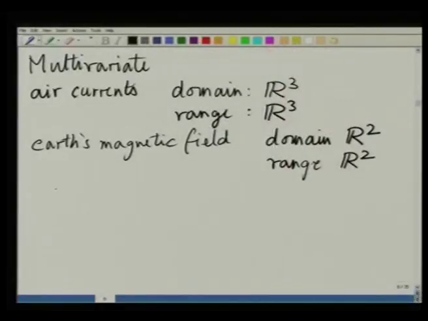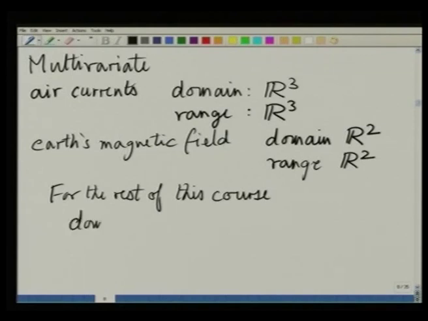So, for the rest of this course, the domain we will assume is either R or the set of integers Z, the latter being for discrete signals, signals defined on what are called discrete time. I will come to that in a moment. The range in both cases will just be the set of complex numbers.